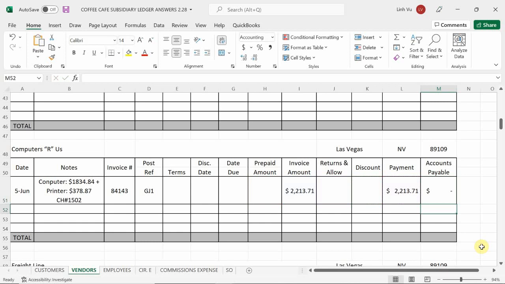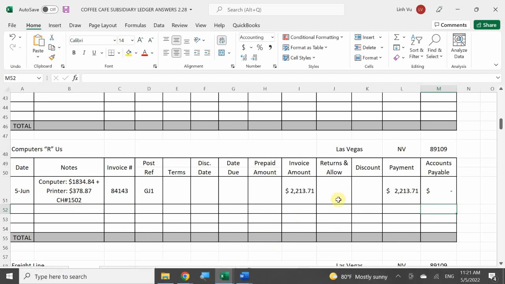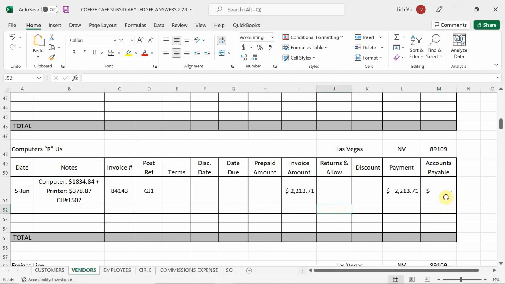Now, if for any reason you end up getting a refund, let's say I return the product, let's say I return my printer, and I end up getting that $378.87 refund.